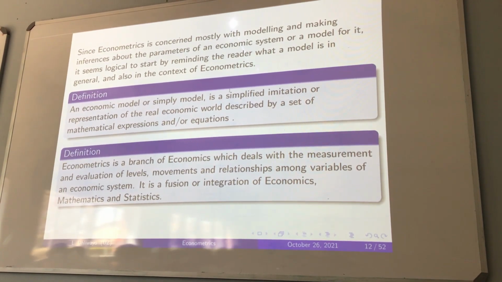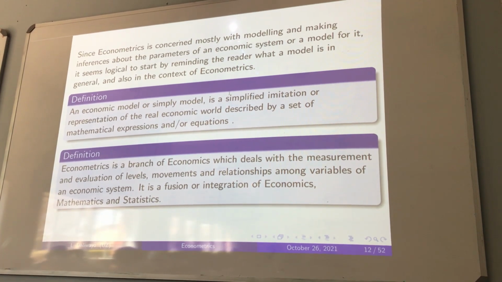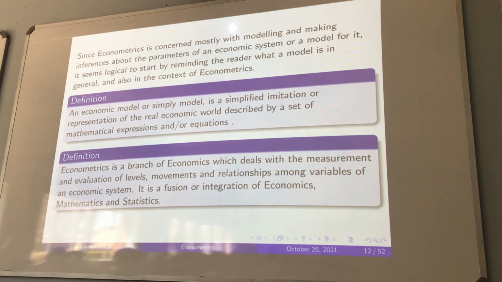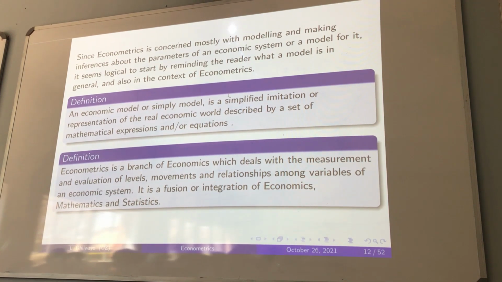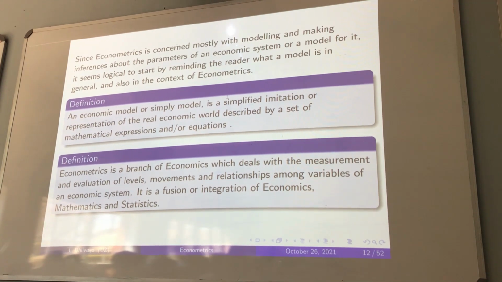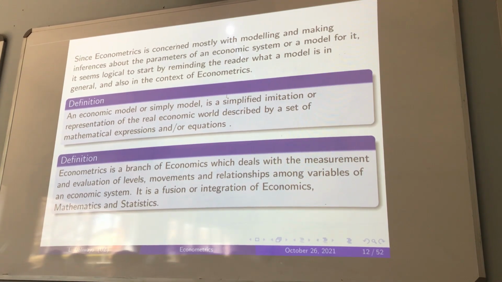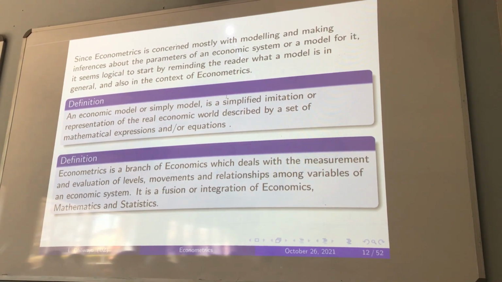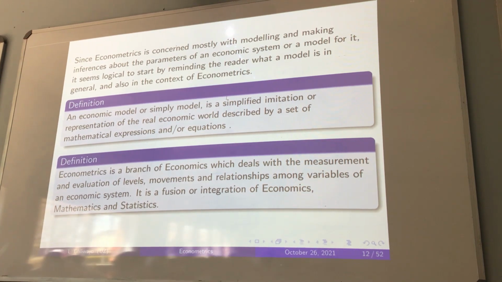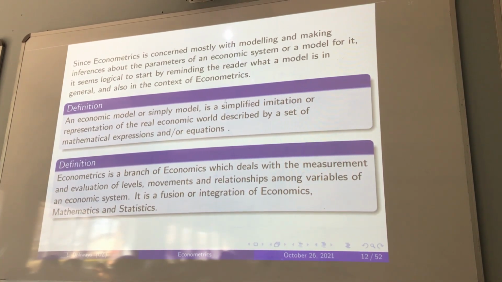Then econometrics is a branch of economics which deals with the measurement and evaluation of levels or movements and relationships among variables in an economic system. It is a fusion or integration of economics, mathematics, and statistics. Okay, that's what econometrics is all about. A fusion of what? Economics, mathematics, and what? Statistics.